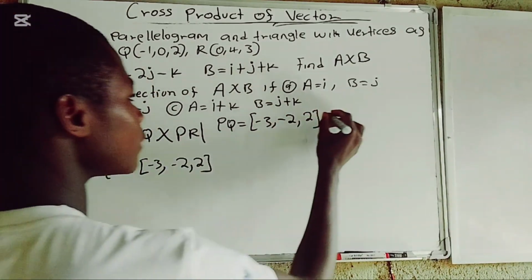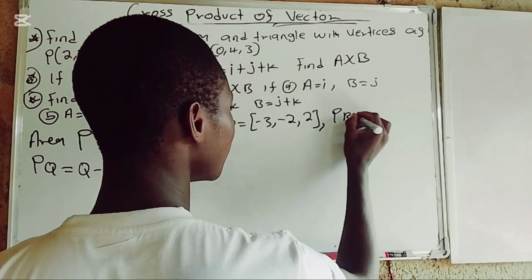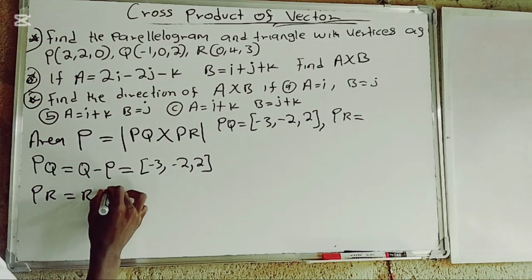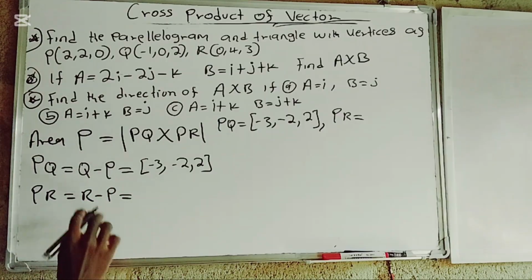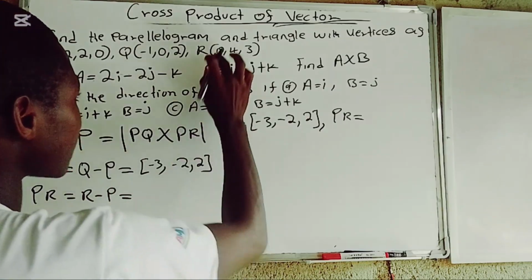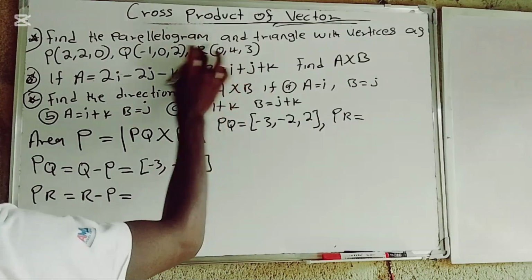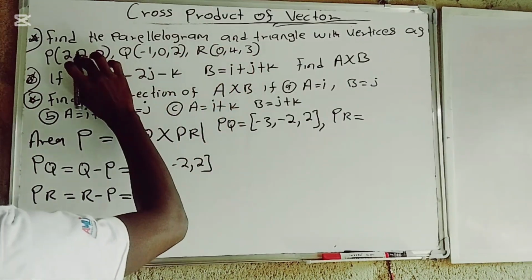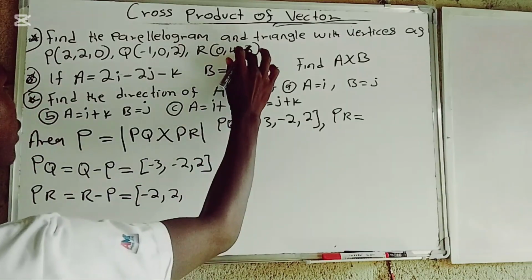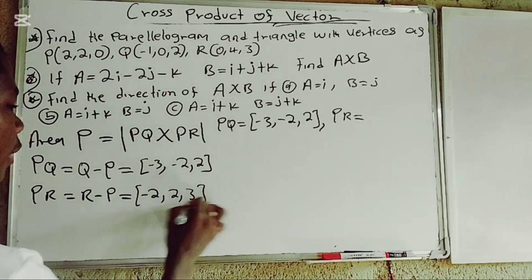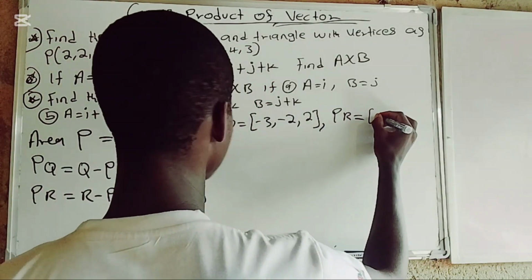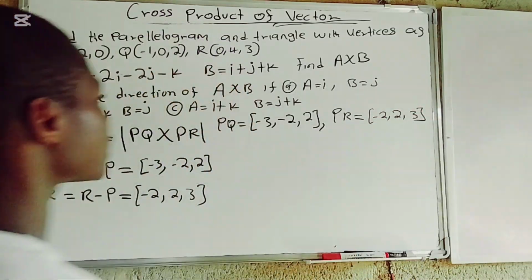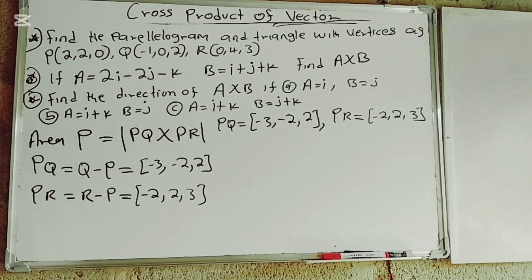And then I have to find PR. PR is the same thing as R minus P. 0 minus 2 is negative 2, 4 minus 2 is 2, 3 minus 0 is 3. So this is negative 2, 2, and 3.